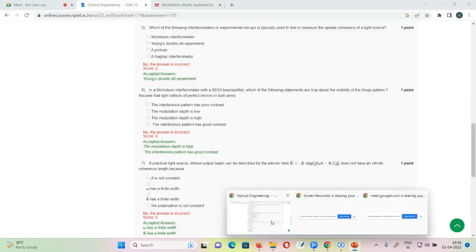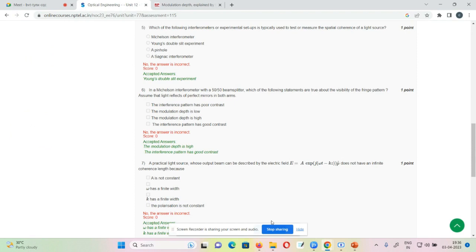Now, the question: which of the following interferometer experiment setups is typically used to measure the spatial coherence of a light source? The answer is Young's double slit experiment.